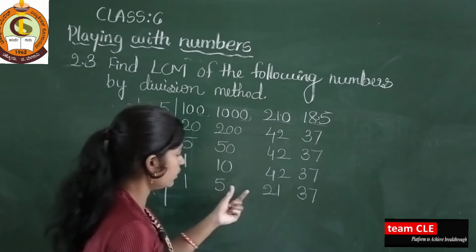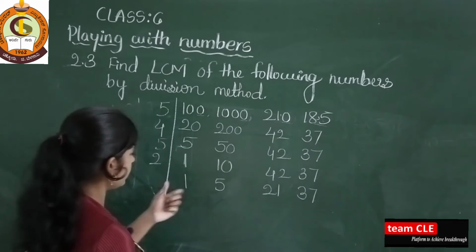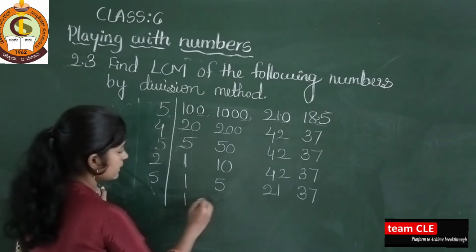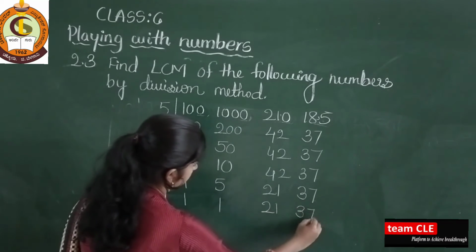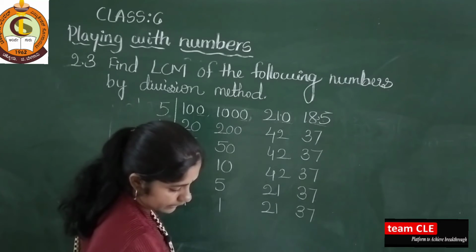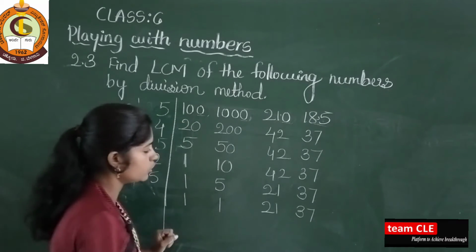So here 5, 21, and I got 37. Again you take 5, 1 as it is, 5 1s are 5, and take 21. Next 37. If you are taking 21 directly, no problem.